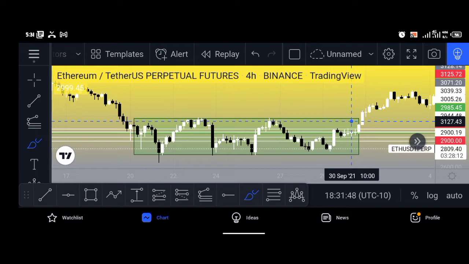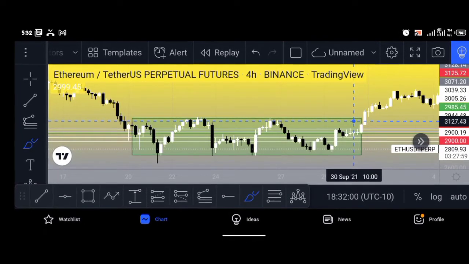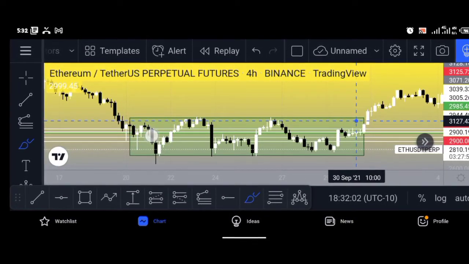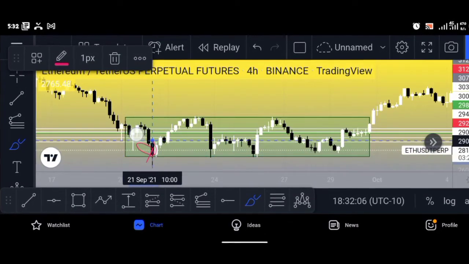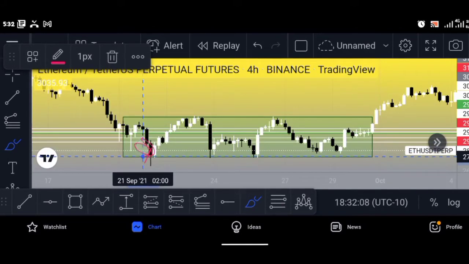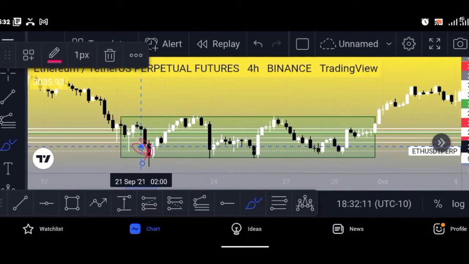So in this formation here now, in this ranging market, for you to place a trade, for me, seeing this formation here, this is not a candlestick pattern that convinces me to place a trade.